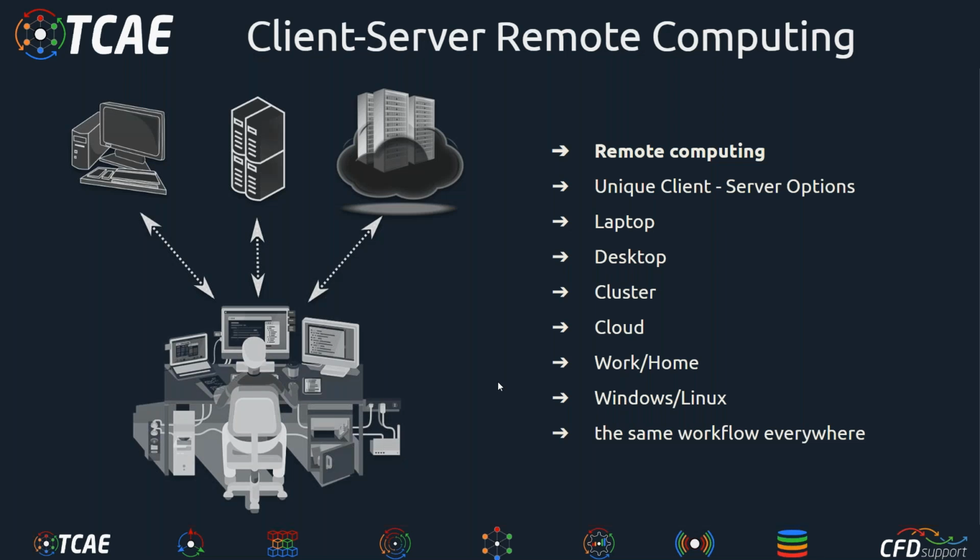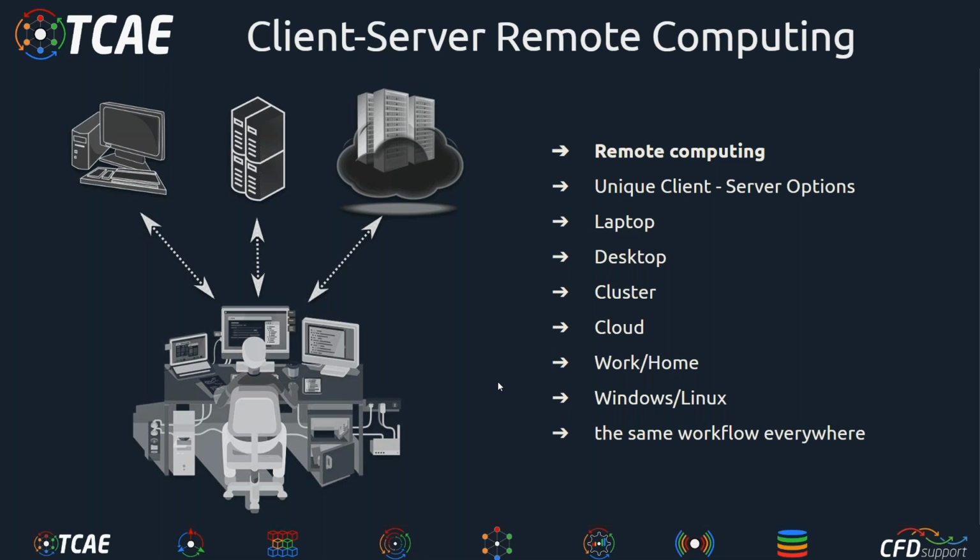TCAE can be used across the whole spectrum of using CFD and simulations. That means you can use it remotely, you can use it on a laptop, on a small scale or on a big scale on a cluster or cloud, or you can work on it directly from another computer. It can be used in Windows and in Linux.